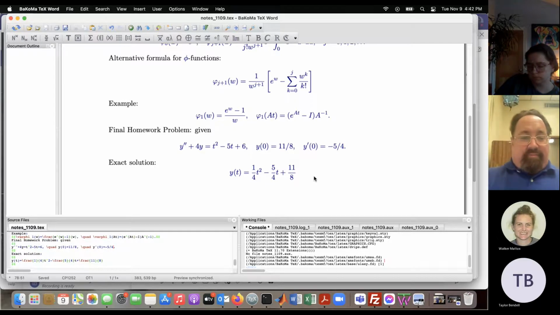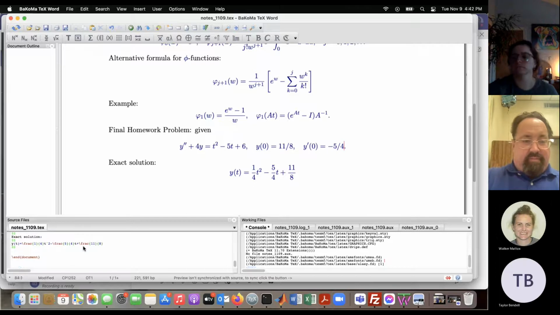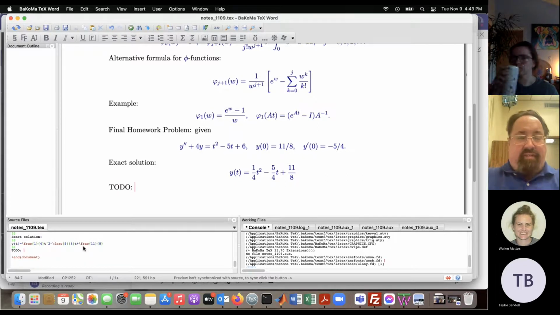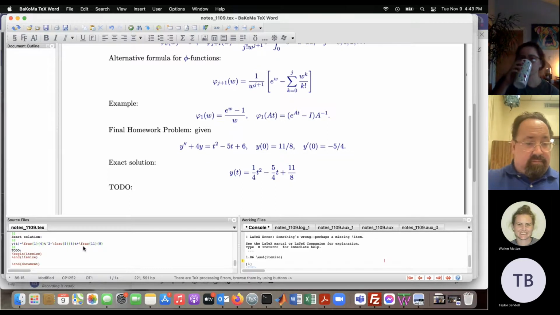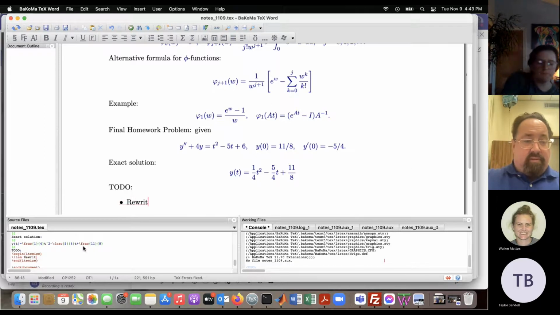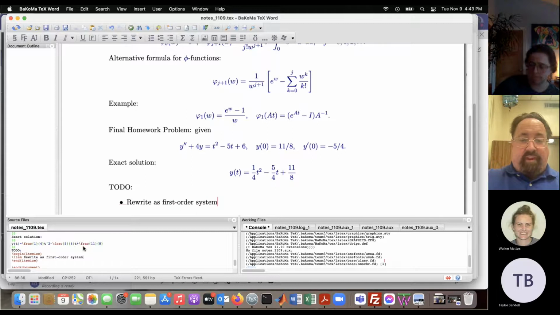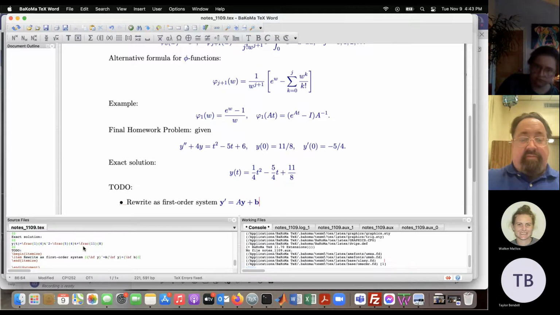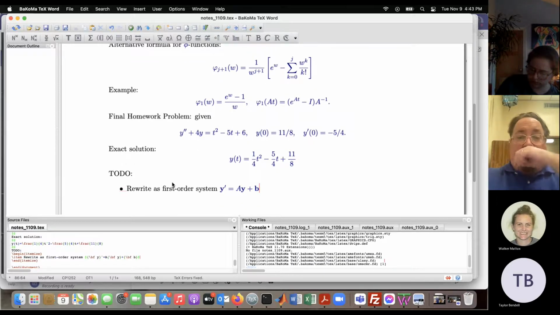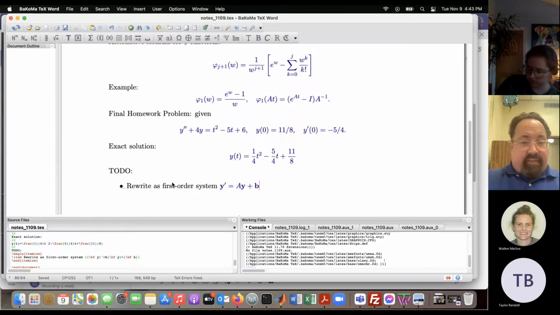Now, what is it I want you to do? First, rewrite as a first order system, in this case of two equations, Y prime equals AY plus B. In other words, you figure out what A is, and B will be a function of t.